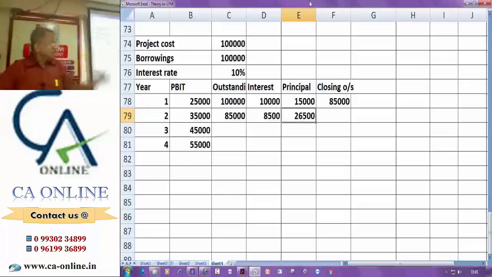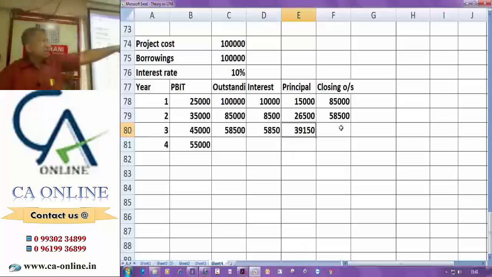Excellent, intelligent and innocent. Very rare breed. Next, closing. 58,500. Tell me what is the interest for the next period? 5,850. Excellent. Principal amount. Calculate. 39,150.